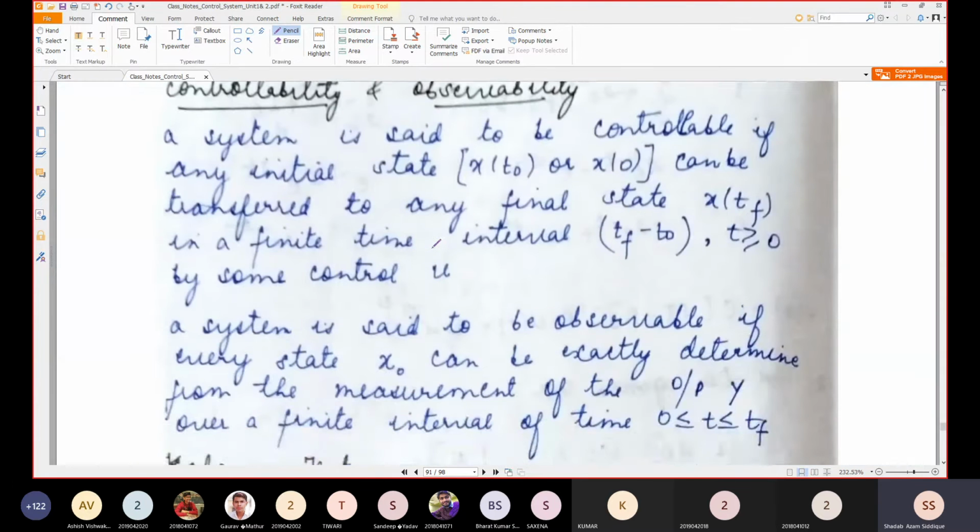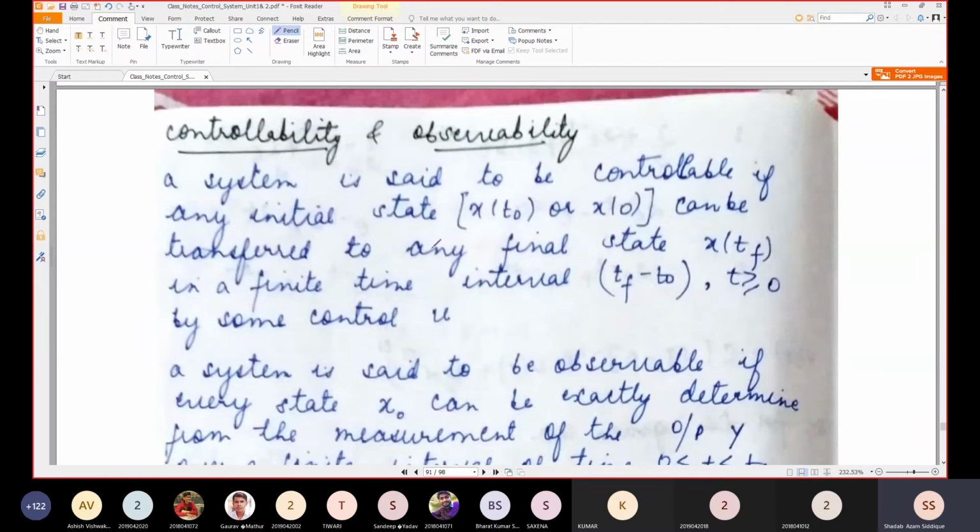So next topic, I'll go with controllability and observability. In this, we are basically trying to find, for a system, whether the system is controllable or not, or whether the system is observable or not. Controllable means, see, if any initial state x of t naught or x0 can be transferred to any final state x of tf in a finite time interval, tf minus t naught, by some control.